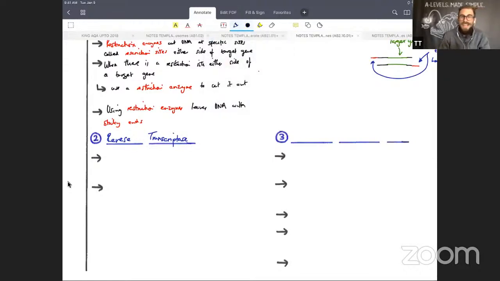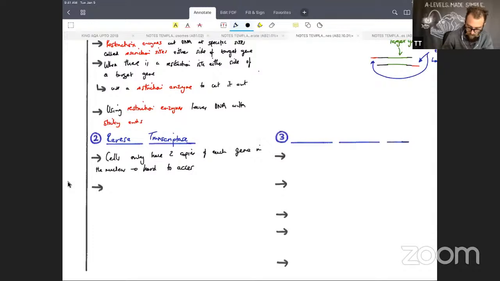Cells only have 2 copies of each gene, which are in the nucleus, which makes them difficult to access. Reverse transcriptase is an enzyme that does transcription backwards.